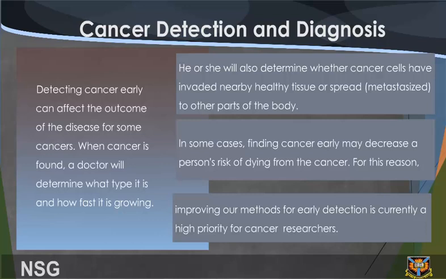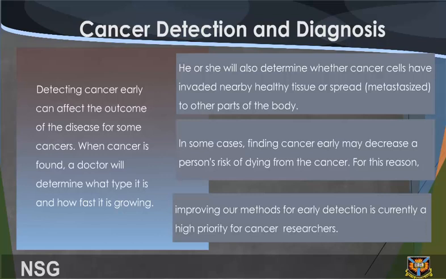Cancer detection and diagnosis. Detecting cancer early can affect the outcome of the disease for some cancers. When cancer is found, a doctor will determine what type it is and how fast it is growing.